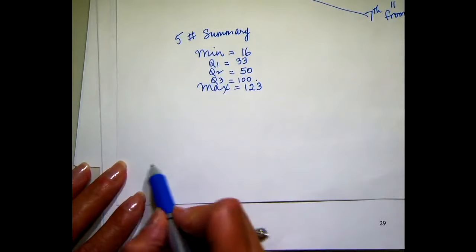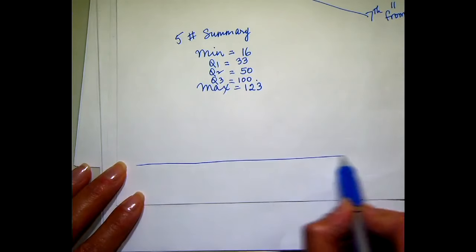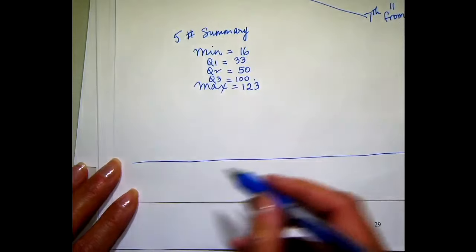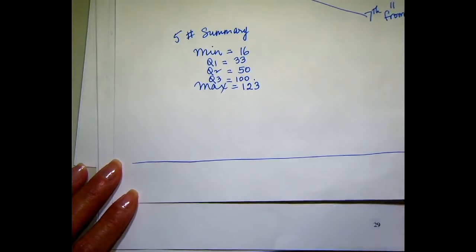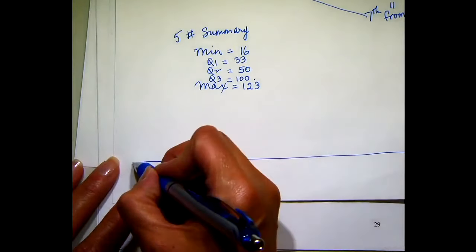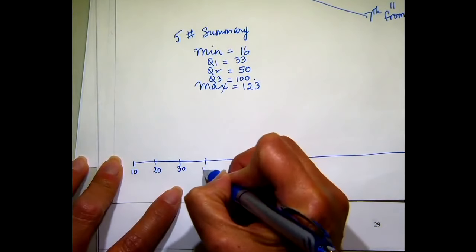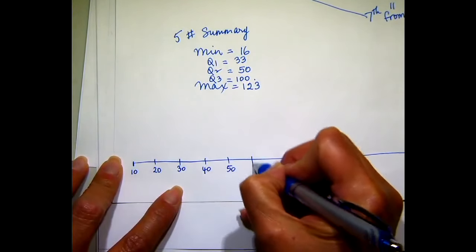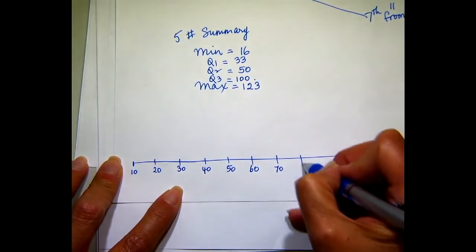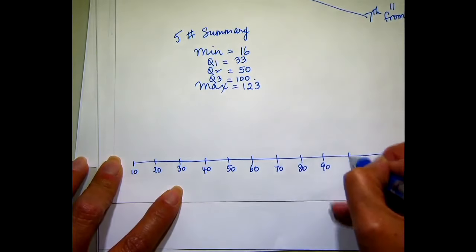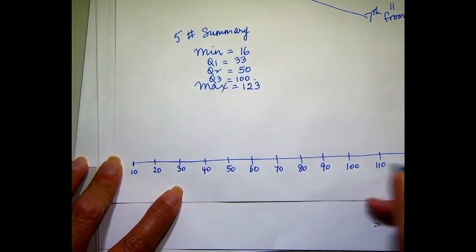So let's draw a number line. It has to be drawn to scale. So I need to go from 15 to 123. So let's see, 10, 20, 30, 40, 50, 60, 70, 80, 90, 100, 110, 120, 130.